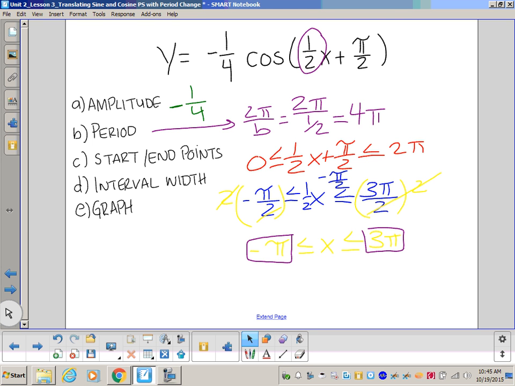Okay, so we got our amplitude, breaking the rules. We got the period. We know where to start and end our 1 period. Now we want to know how much, starting at negative pi, we should add to know where our points will be.